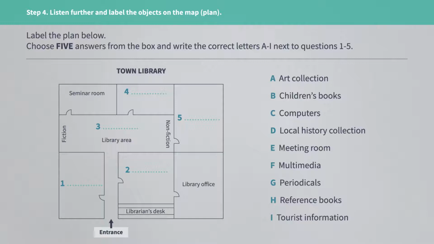Then there's a large room to the right of the library area. That's the multimedia collection, where you can borrow DVDs and so on. And we also have CD-ROMs you can borrow to use on your computer at home. It was originally the art collection, but that's been moved to another building. And that's about it. Oh, there's also the library office on the left of the librarian's desk.